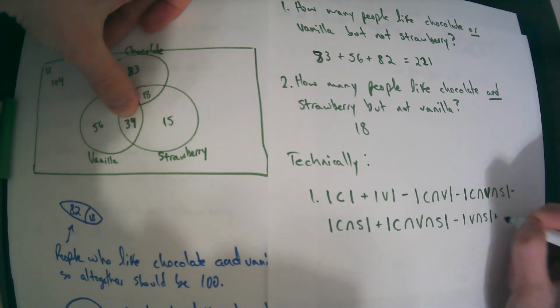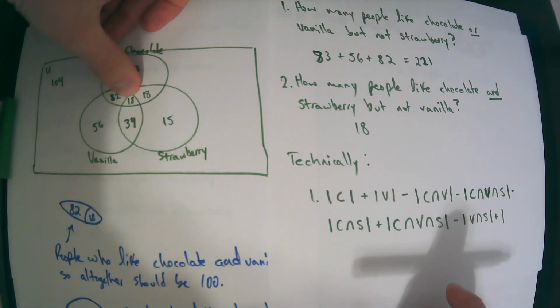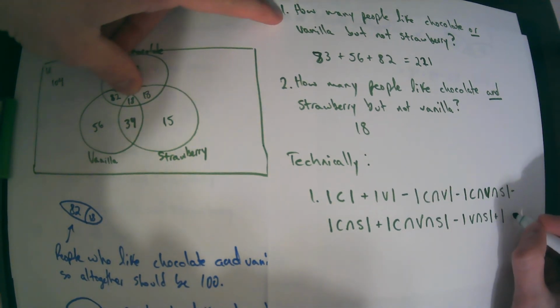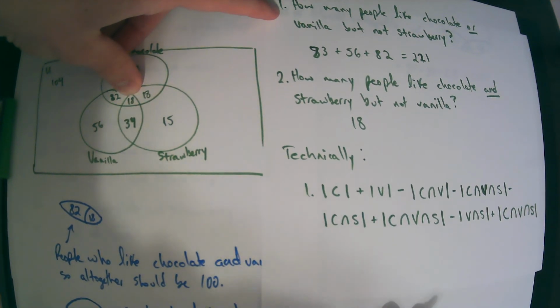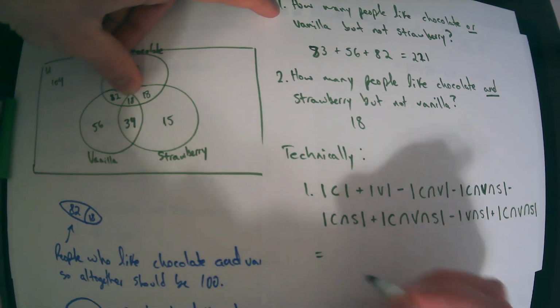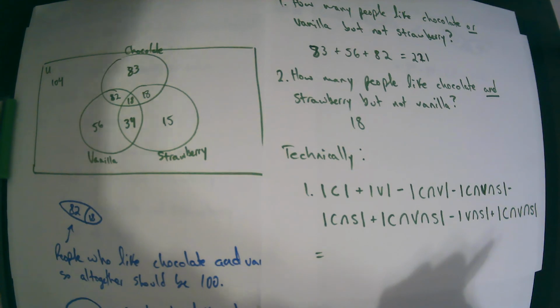But then also to add one of these back in, because that would be removing another one of these 18s in the very center. So, needless to say, writing it down technically, even though this may not be the most efficient way, gets very tricky. It's much better to have a picture in front of you.